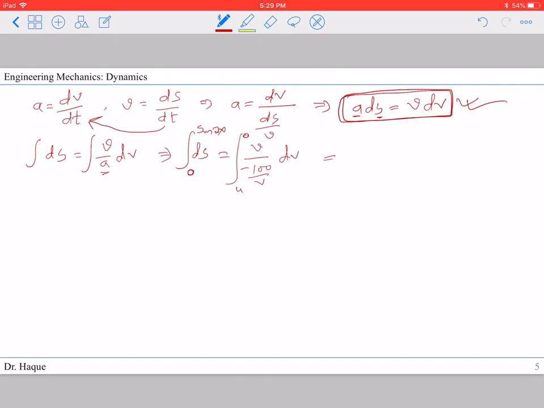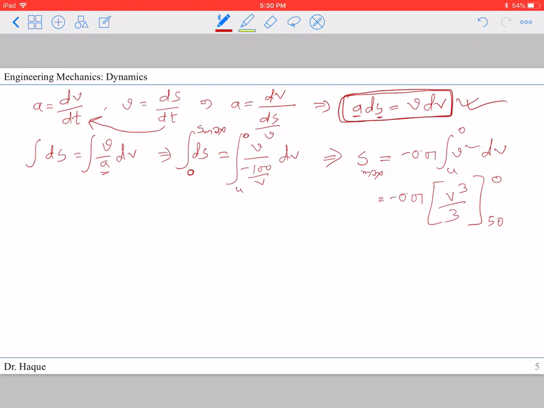If we solve this, we get s on the left hand side, which is the s max. On the right hand side, we get negative 0.01 times v squared dv, from u to 0, which gives us negative 0.01 v to the power cube over 3, from 0 to 50.